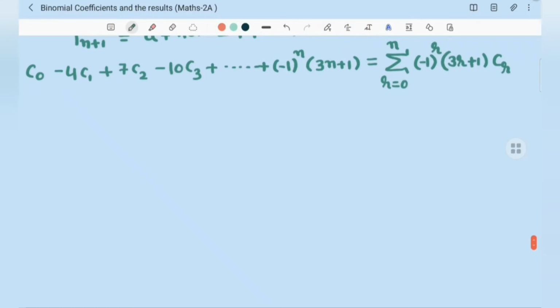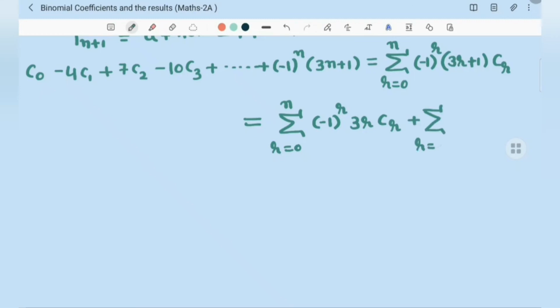Now, (minus 1) whole power r is multiplied for each and every term. So it becomes sigma r equals 0 to n (minus 1) whole power r into 3r into Cr plus sigma r equals 0 to n (minus 1) whole power r into Cr.